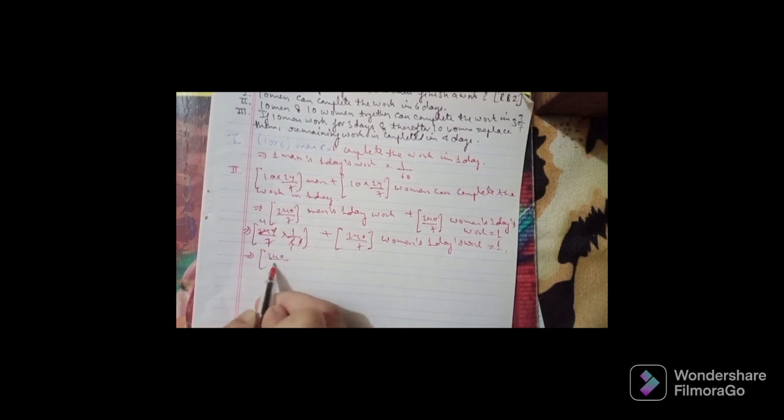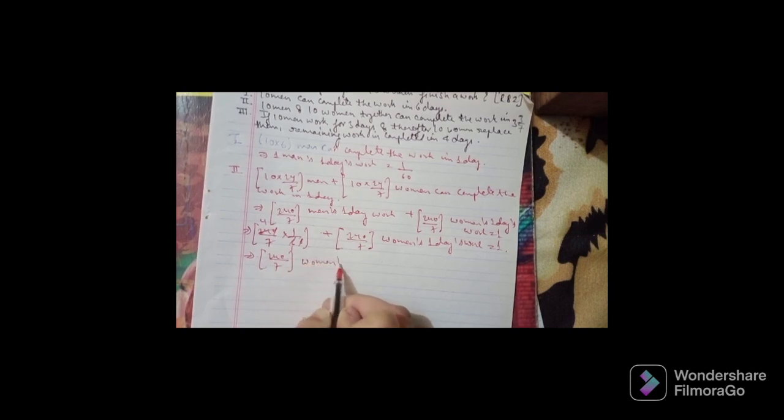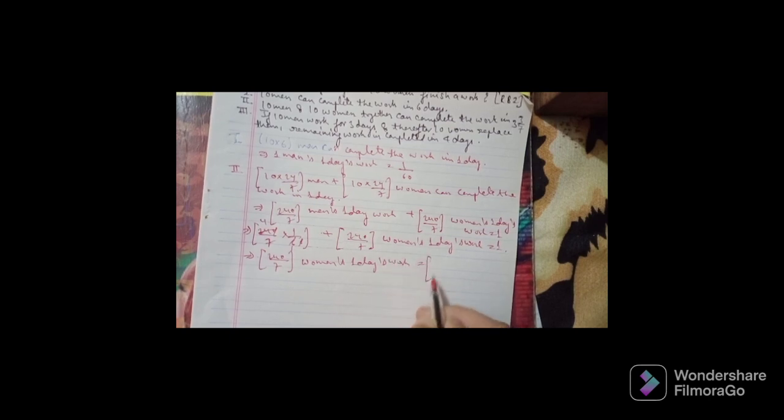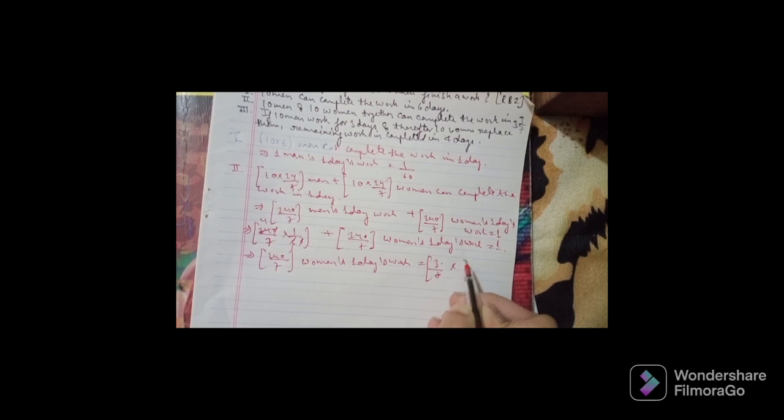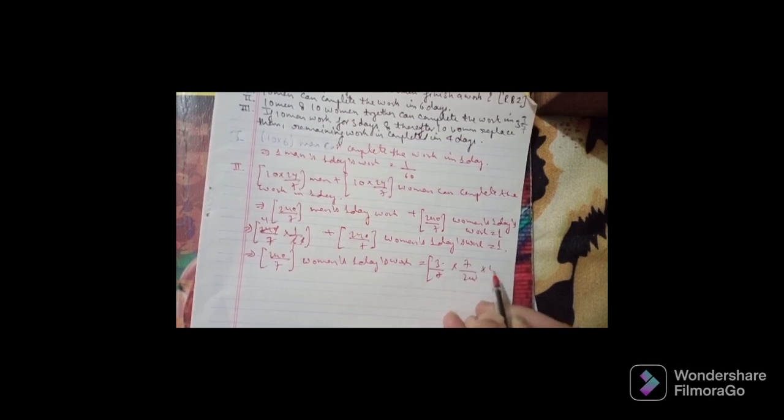So 240 by 7 women's 1 day's work equals 3 by 7 into 7 upon 240 into 10. The 0 will cancel out. This is 3 by 7, so the 7 is cancelled out, 3 ones are 3, 3 eights are 24, then 8 here.